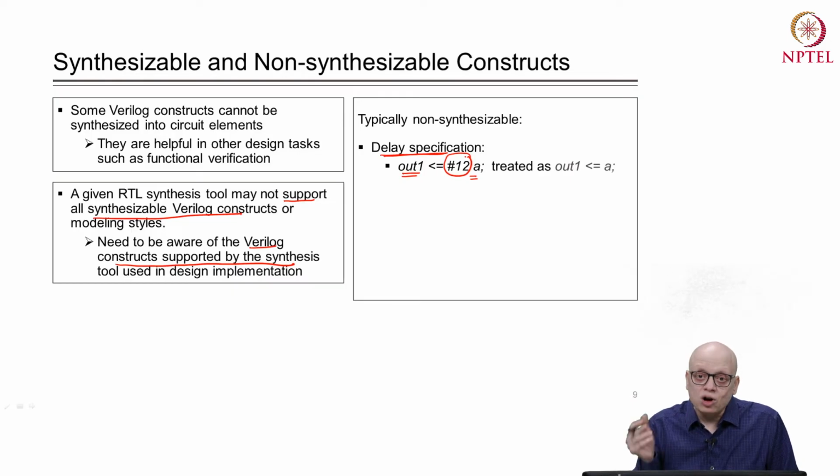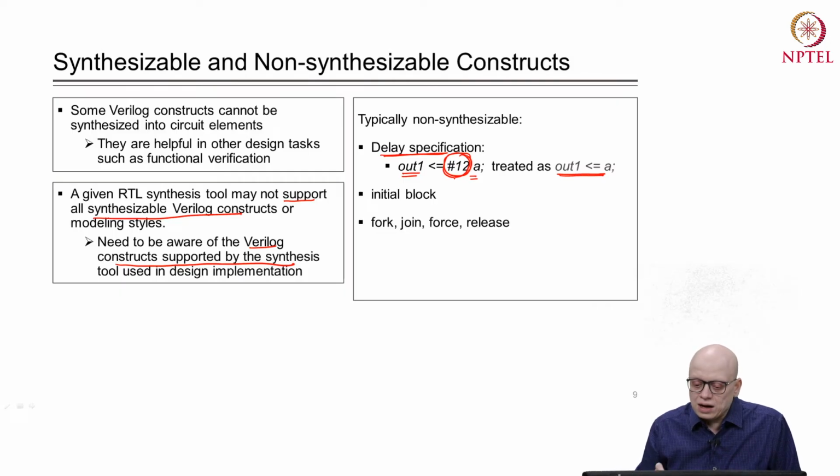It is not meant to tell the synthesis tool to insert a delay element with a value of 12 time units. What the synthesis tool will do is totally ignore the delay specification, the hash 12 in this case. The RTL synthesis tool will treat the statement as out1 assigned to A in a non-blocking manner, that is it.